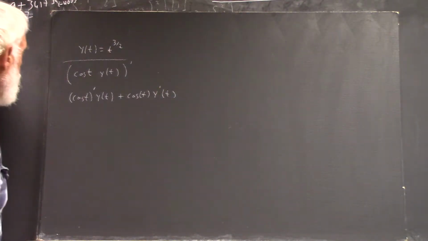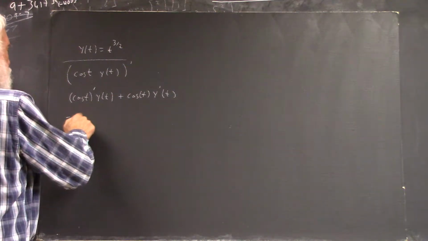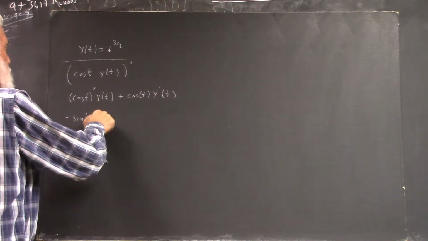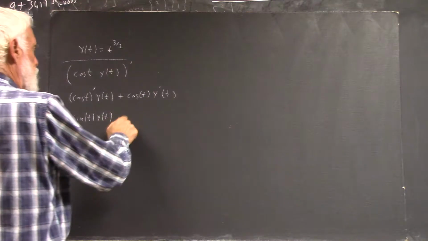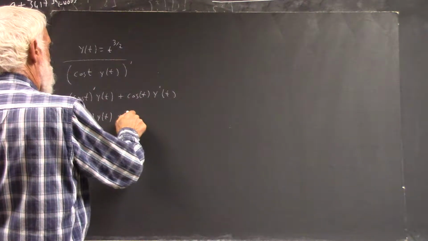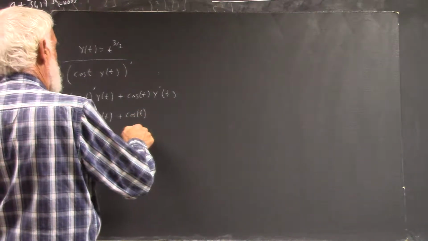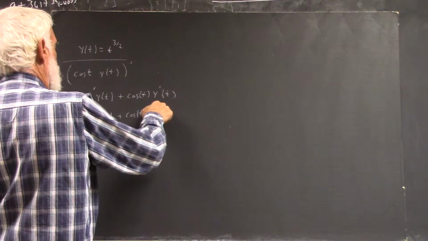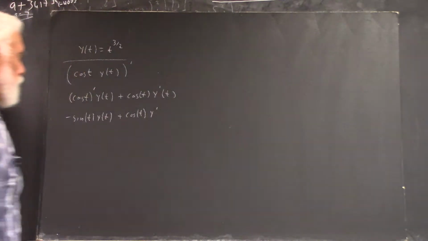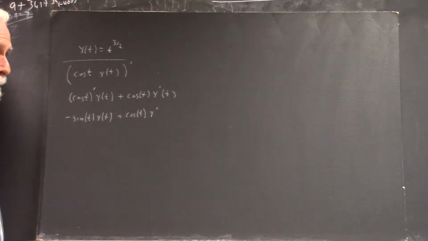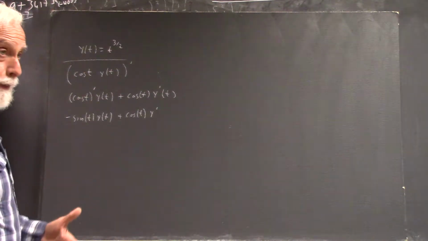And of course you get negative sine of t, y of t. And you just write that as cosine of t y prime. Okay? Y has the derivative.